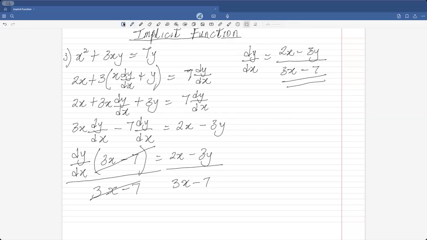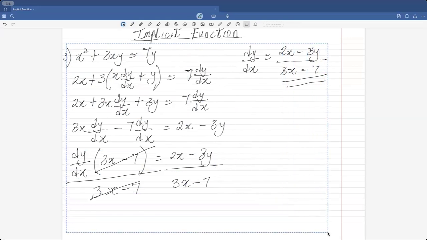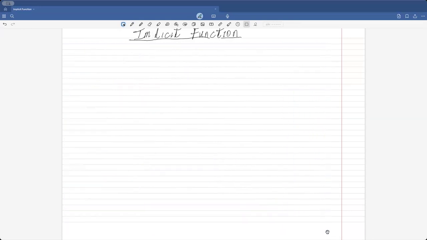So let's move further by solving some questions. So let's say we have another problem that looks like this. y, open parenthesis, x squared plus 1, close parenthesis, equals 7x.